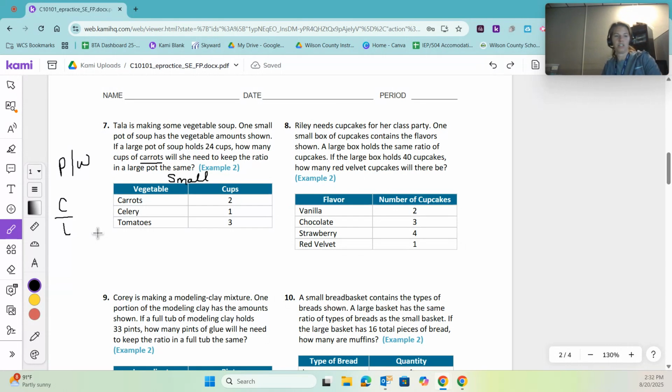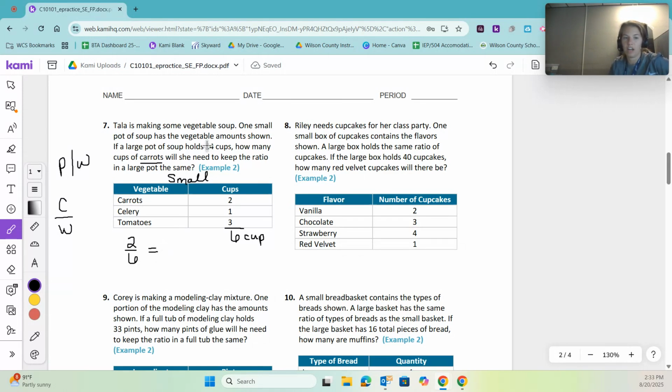Actually, I'm going to use W for whole just because of the tomatoes. So here, the total number of cups in her soup is 2 plus 1 plus 3 is 6 total cups. So the small pot had 6 cups. So the ratio of carrots to total is 2 to 6 in the small pot.